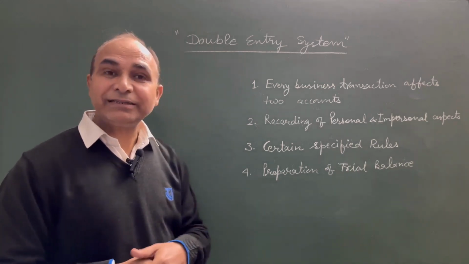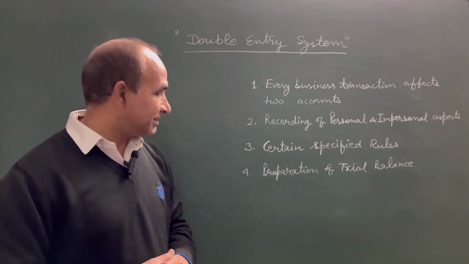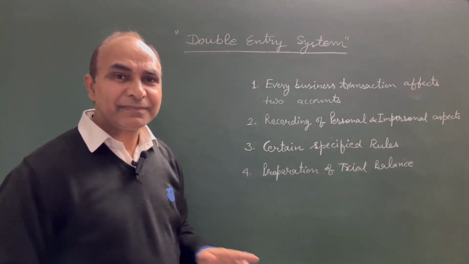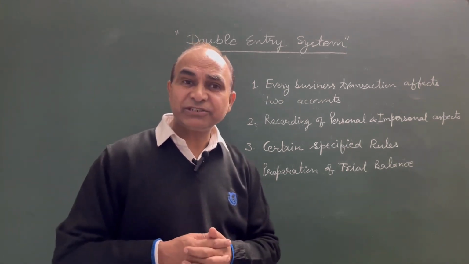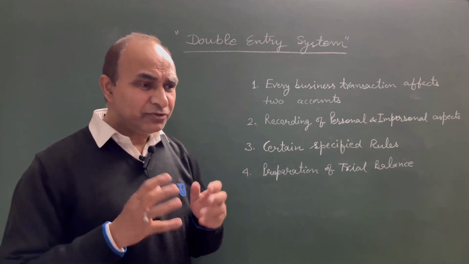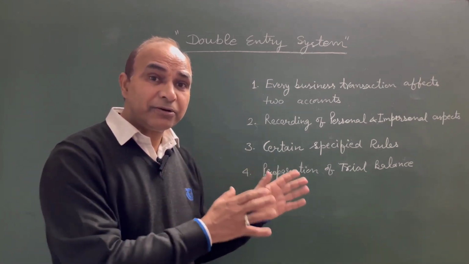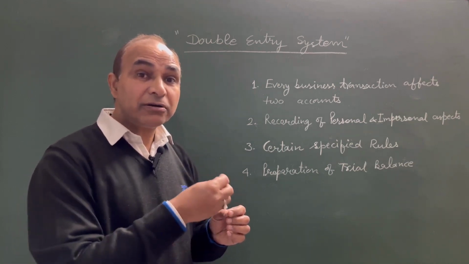And fourth and the last principle or characteristic of double entry system is preparation of trial balance. Remember students, once you start recording financial transaction in the books of accounts, you want to know whether you are recording the transactions properly or not. Some errors, some mistakes occurred or not.